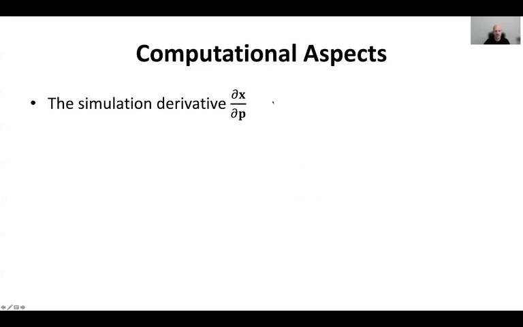So the simulation derivative dx dp, one thing that's important to note is that it's a dense matrix. It has dimensions, the number of degrees of freedom, of course, times the number of parameters. So this is not a square matrix in general, but in pretty much all cases, we can assume that it's a dense matrix, which of course has implications from a computational point of view.